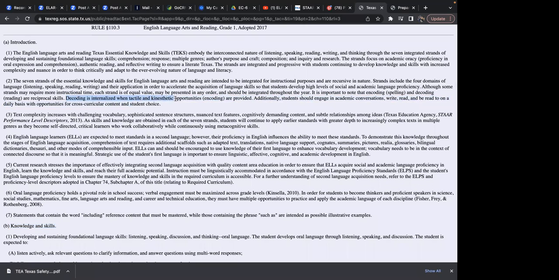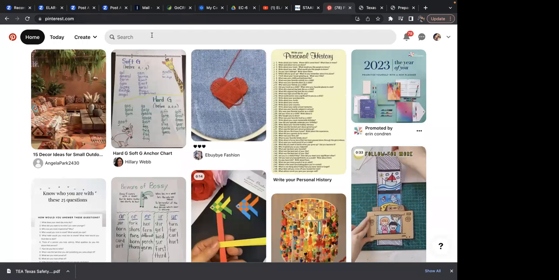Decoding is internalized when tactile and kinesthetic opportunities for encoding are provided, which is why the best answers for the tests are going to come from Pinterest. It's going to provide you with tactile activities.